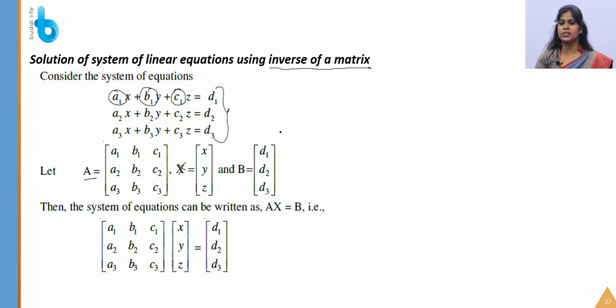And B is going to be the column matrix which has the elements on the right hand side of the given equations. So all the coefficients you will take and write as matrix A, all the variables you will write as a column matrix X, and the constant values on the right hand side you will write as a column matrix B.